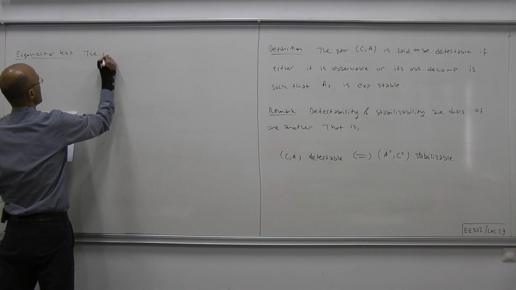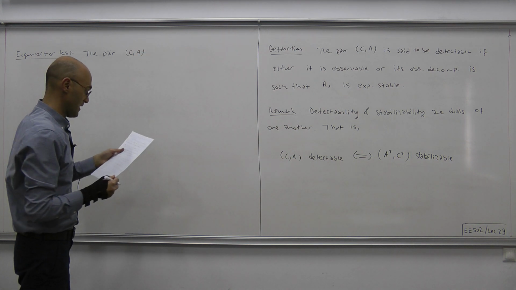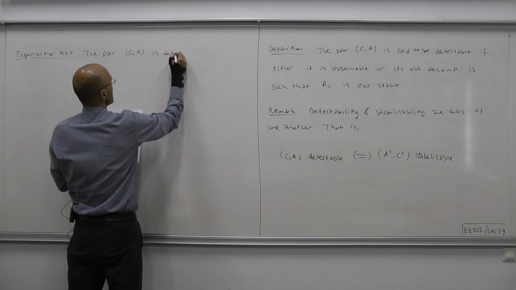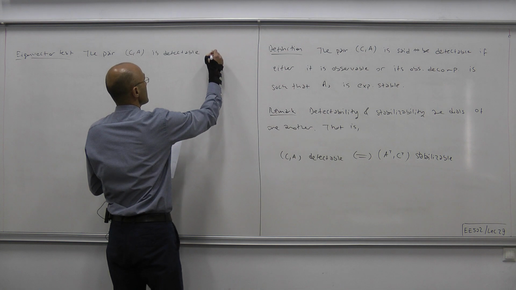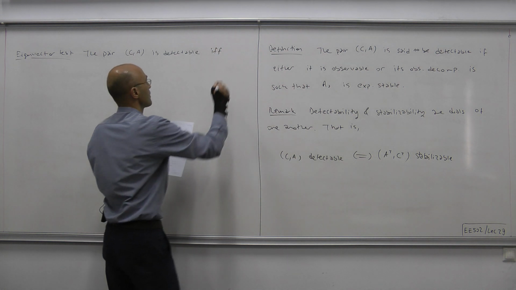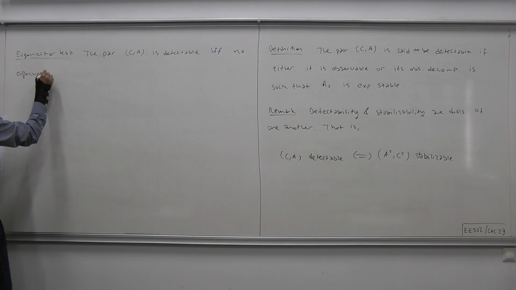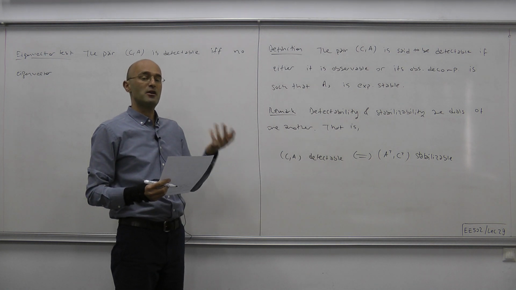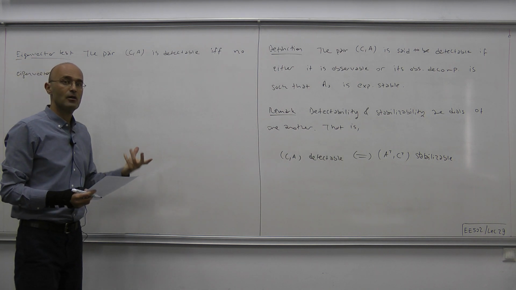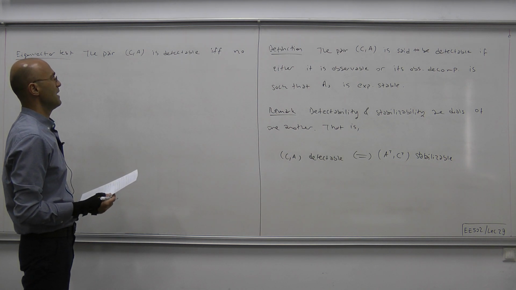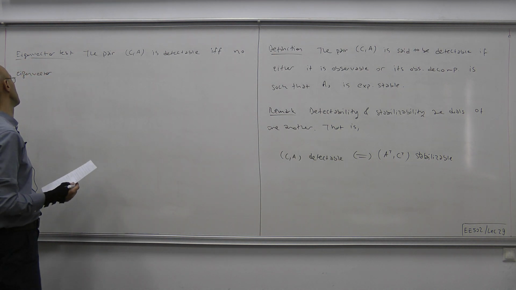The pair CA is detectable if and only if no eigenvector of A belongs to the null space of C, if that eigenvector has an eigenvalue with real part 0 or positive. So I'm talking about the continuous time case.